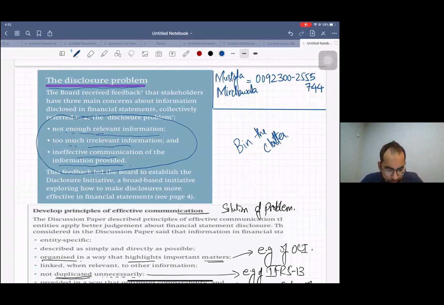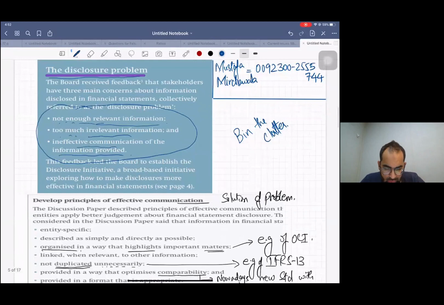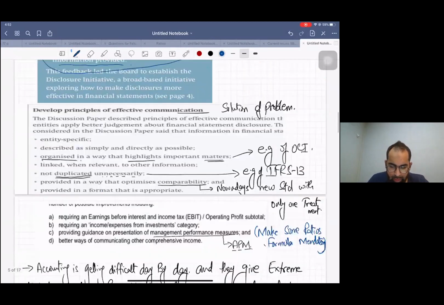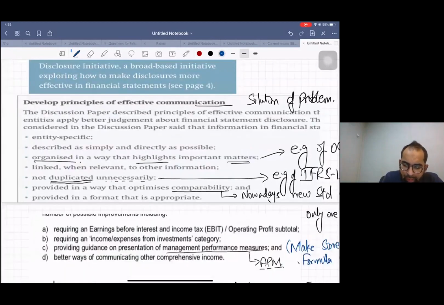Okay, now what is the solution? See, develop principles of effective communication, develop principles of specific communication. Now the board is trying to give a solution to this. Number one, first of all, it is written entity specific. The board is planning to give entity specific guidelines.